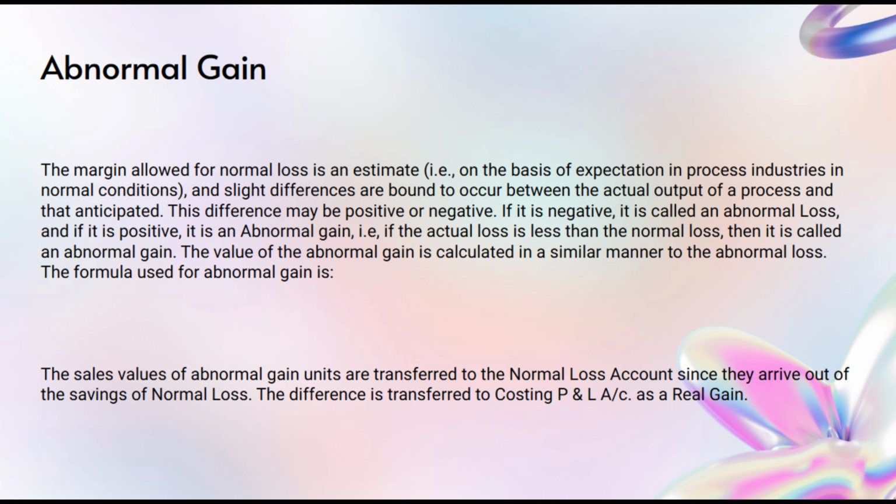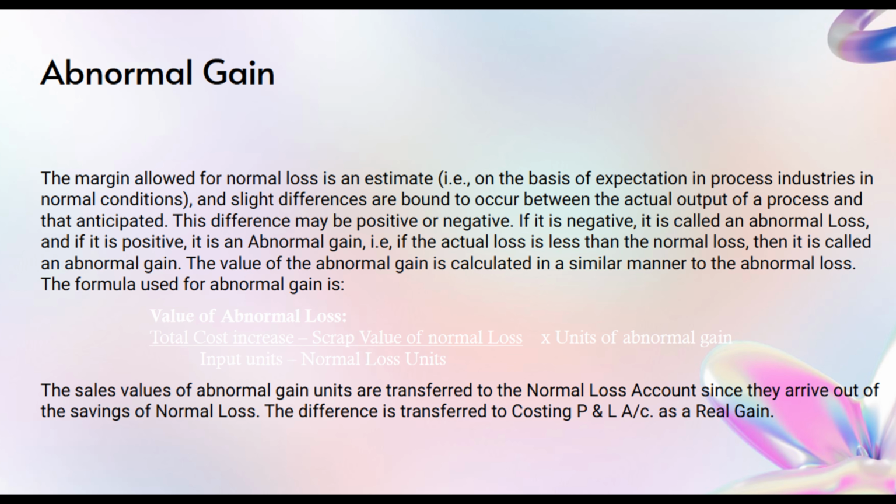The value of the abnormal gain is also similar to the manner of the abnormal loss formula. The formula for the abnormal gain will therefore be total cost incurred minus scrap value of normal loss, divided by input units minus normal loss units, times units of abnormal gain.